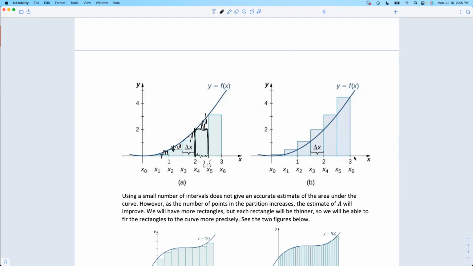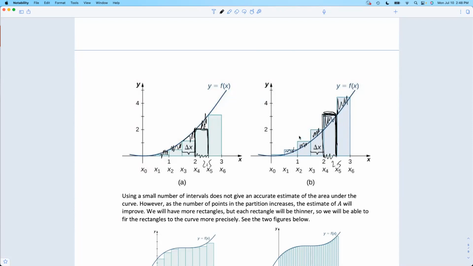Whereas using the same partition, this is still the interval from 2 to 2.5 right there. Now, if I use right-hand endpoints, this rectangle here is built by finding the height at the right side and going backwards. Now I'm overestimating by all this amount.